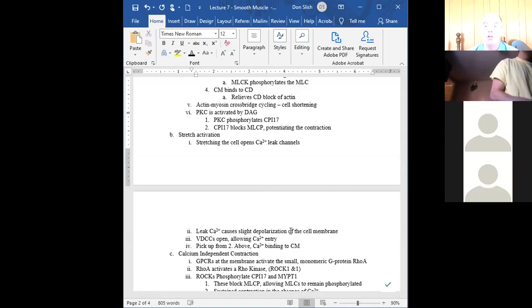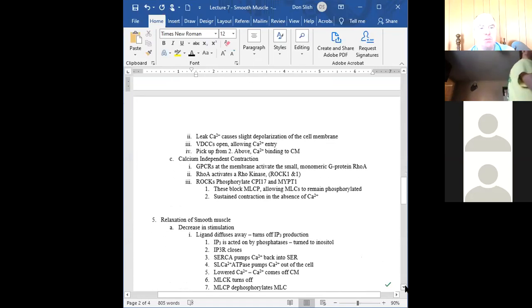Now, these are really important because we've got a whole class of drugs that block these to cause smooth muscle relaxation. So these VDCCs are really important for controlling the calcium inside the cell and therefore contraction.